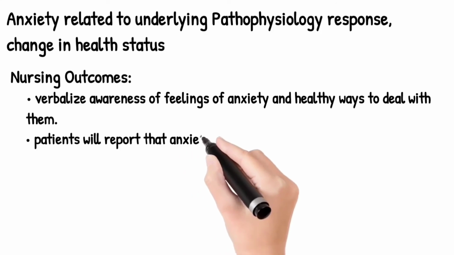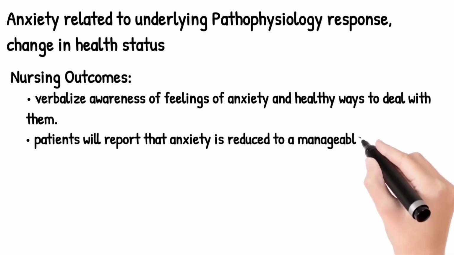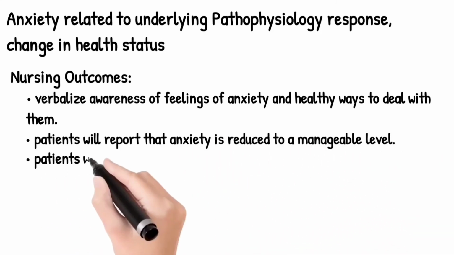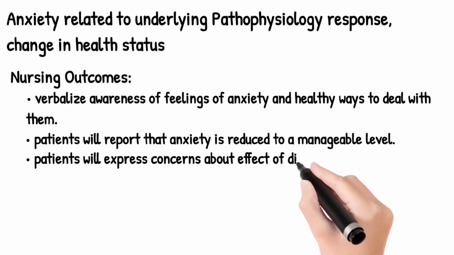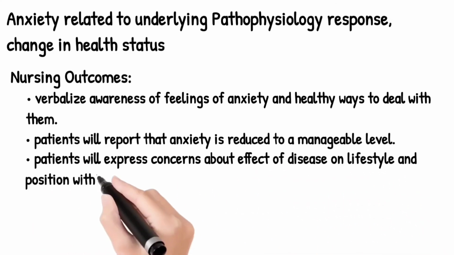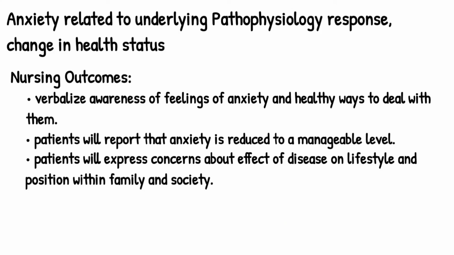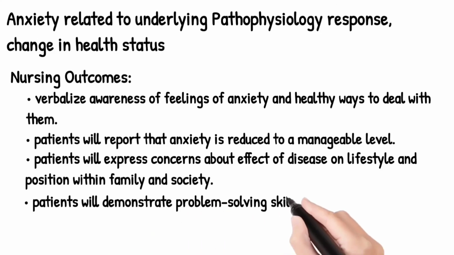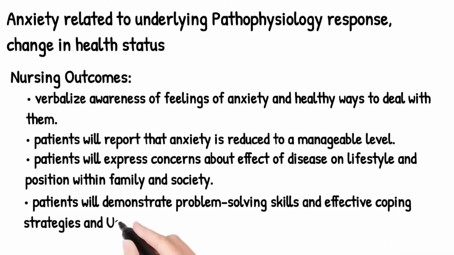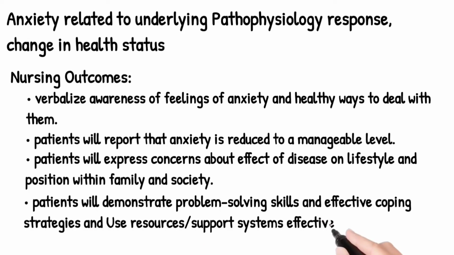Patients will report that anxiety is reduced to a manageable level. Patients will express concerns about effect of disease on lifestyle and position within family and society. Patient will demonstrate problem-solving skills and effective coping strategies and use resources or support systems effectively.